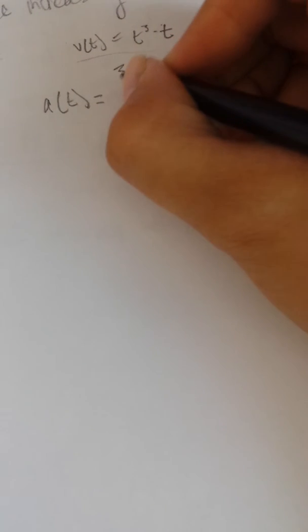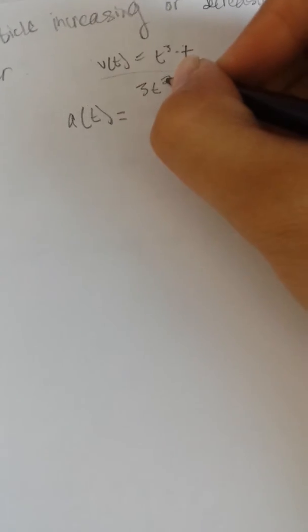Okay, so now you need to find your acceleration. How do you find your acceleration? Well, you need to antiderive your velocity to get your acceleration. Actually, you're not taking the antiderivative.